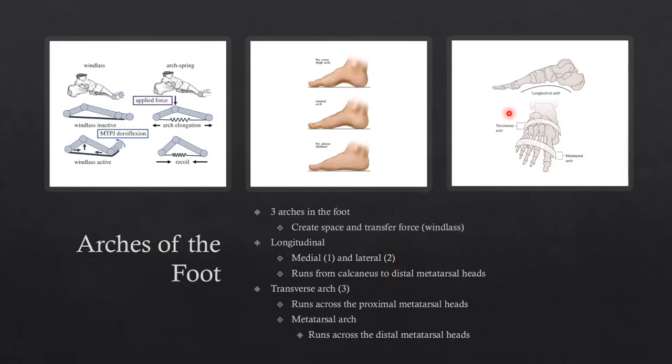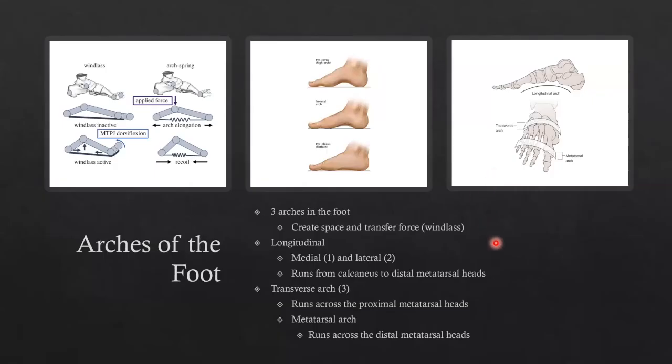And we see these arches running on the proximal and the distal metatarsal heads. Now going back to the medial longitudinal arch, again, this arch is the most common arch that is seen in pathology that we see up the kinetic chain.